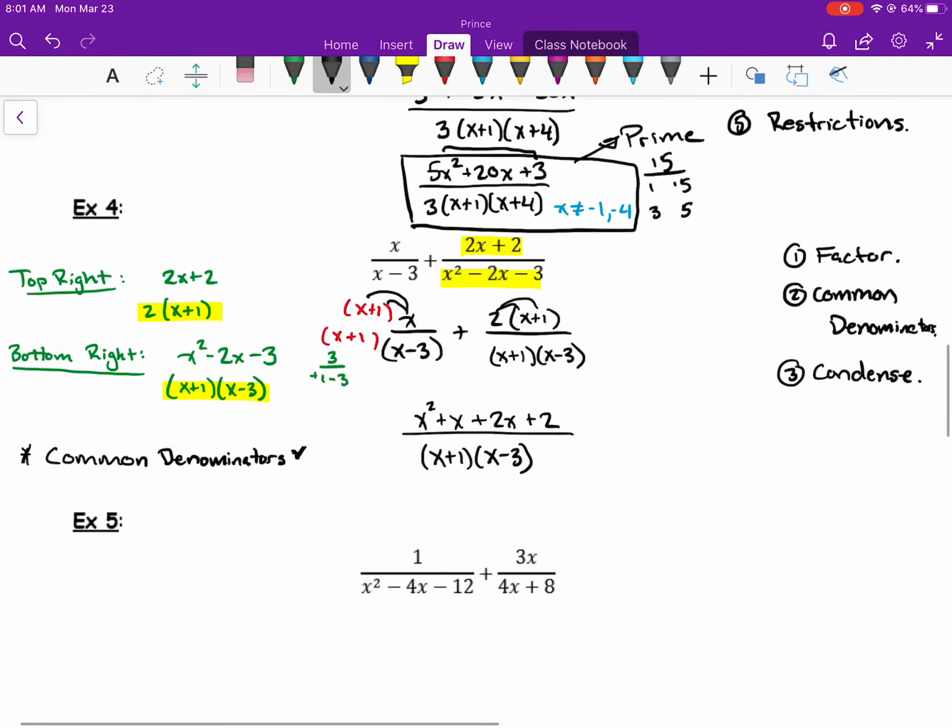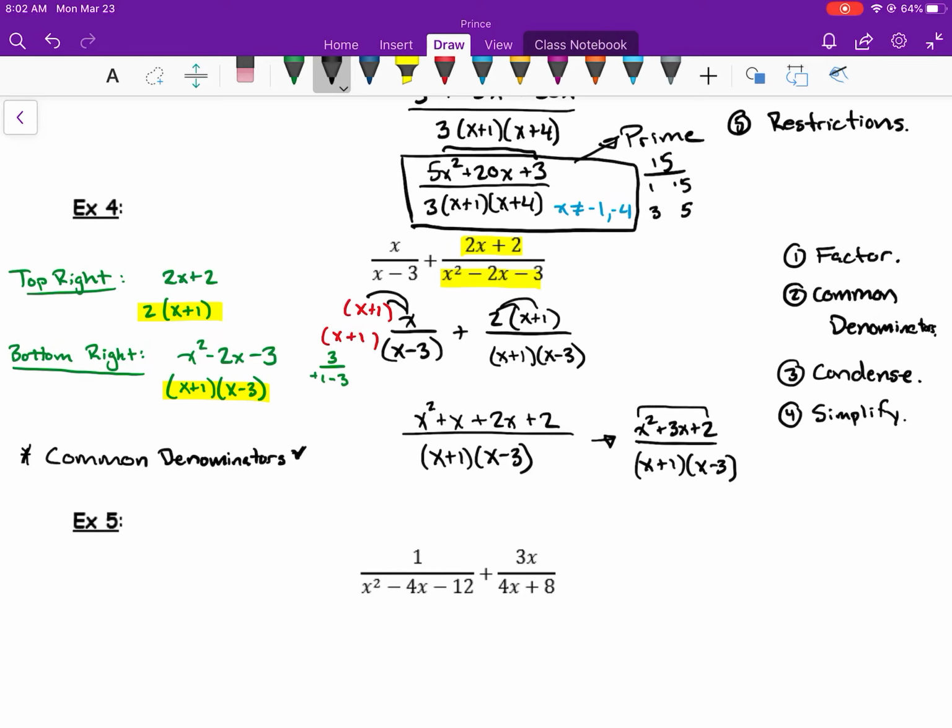Alright. Step 4 will be to simplify. So then we get over here x squared plus 3x plus 2 over x plus 1 times x minus 3. We'll check to see if we can factor the top.